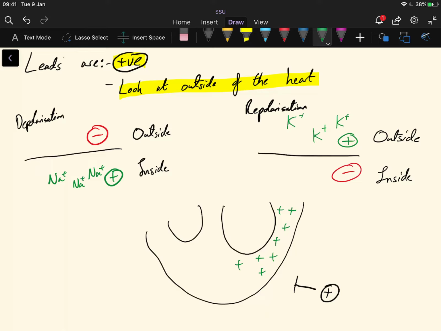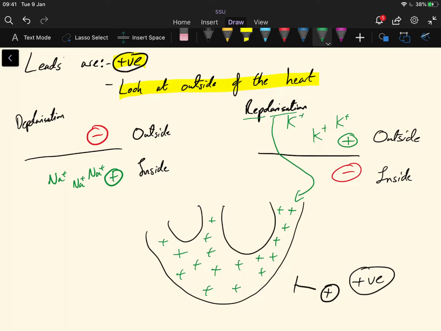So the efflux out, and suddenly the outside of the heart has all these positive ions. So the positive lead will now see a positive charge when we have repolarization. So hopefully that all makes sense.